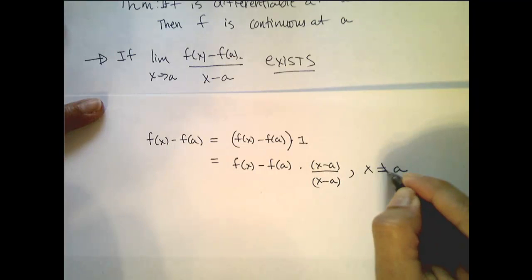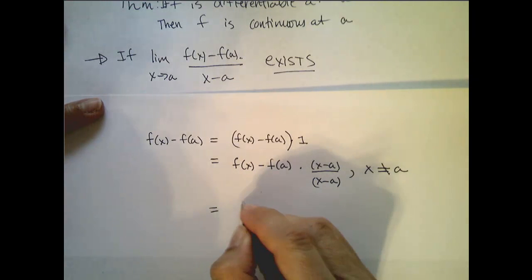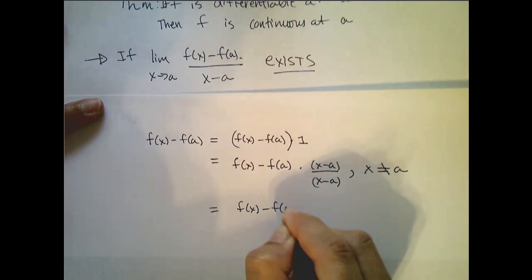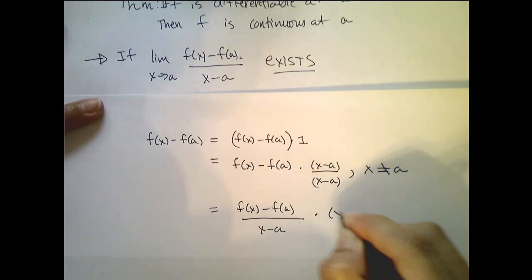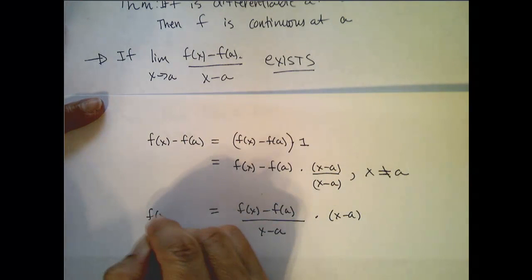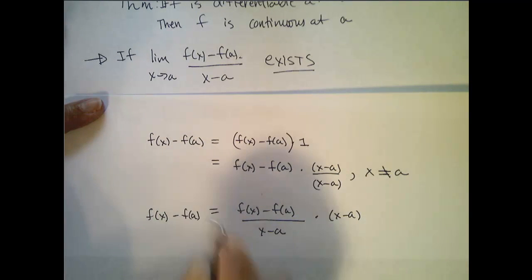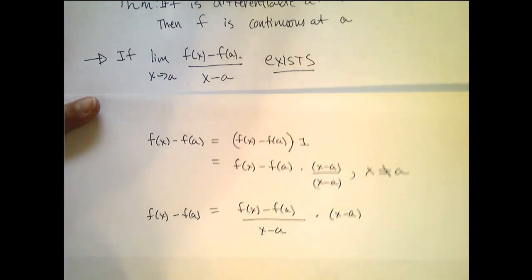Because as long as x is not a, this quotient is equivalent to 1. All right, so this is equal to f of x minus f of a over x minus a times x minus a. I've just split up my fraction. So f of x minus f of a is equal to this product over here.